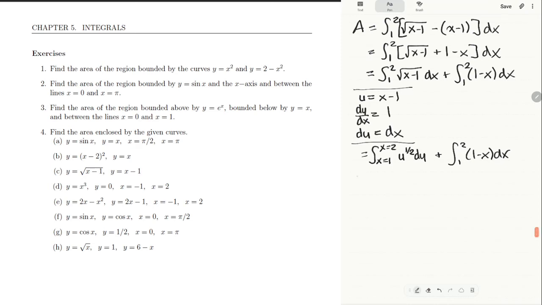So now we can find the antiderivative. We have u to the 3/2 divided by 3/2 evaluated at x equals 2 and x equals 1 plus the antiderivative of 1 minus x, which is x minus x squared over 2, and we evaluate it at 2 and 1.